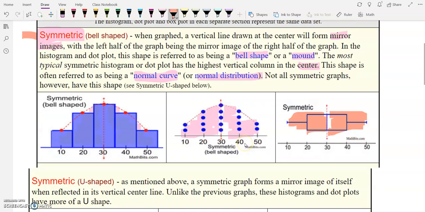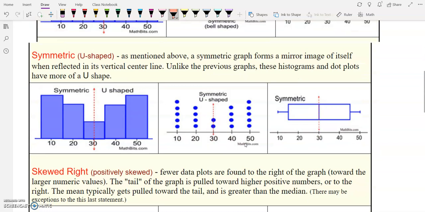All right, let's look at the next one. This is also a symmetric shape. So the left side and the right side are going to be the same, but it's going to be a different shape. Notice how this is a U shape. You see that? The left side is still a reflection of the right side.